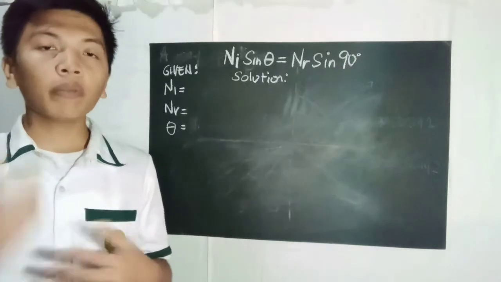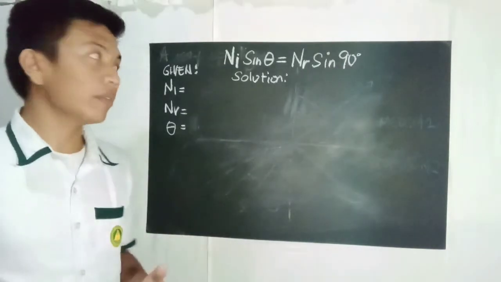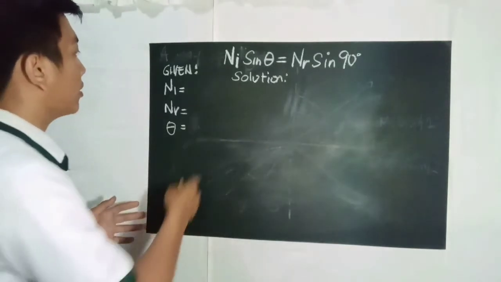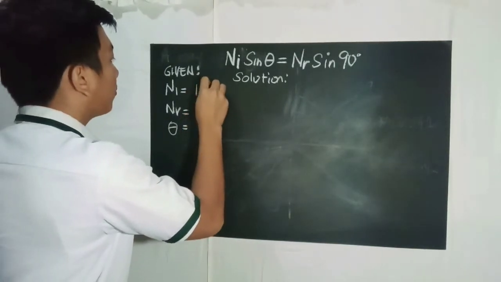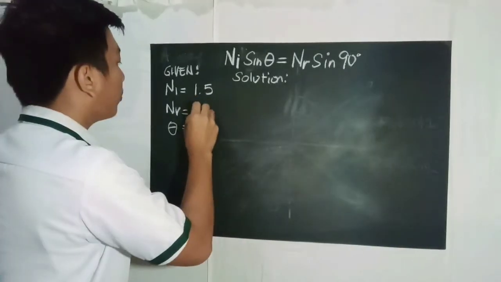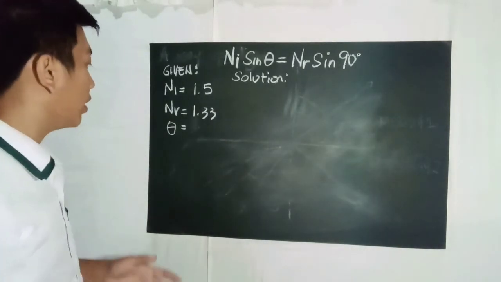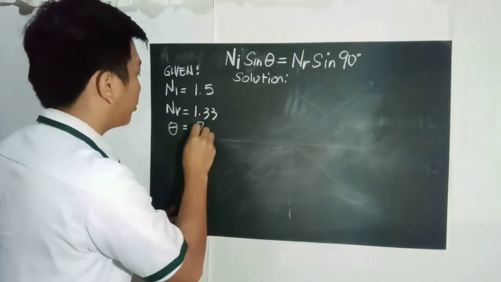In solving problems, we must write first the given. In the problem, the index of incidence is 1.5, the index of refraction is 1.33, and the theta critical, or the critical angle, is unknown.